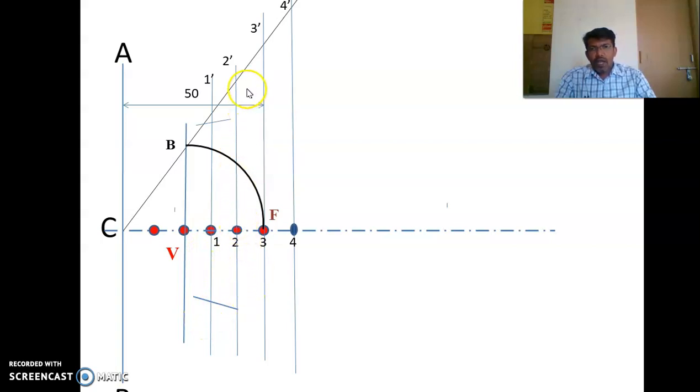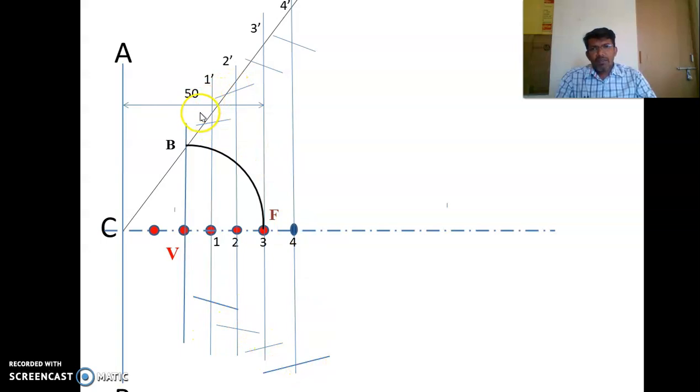Next, 2 2 dash as radius and F as center, make an arc here and below the axis line. Similarly, 3 3 dash as radius, mark an arc here and below, and 4 4 dash as radius, make an arc above and below. Now we have 4 arcs above the axis and 4 arcs below the axis.